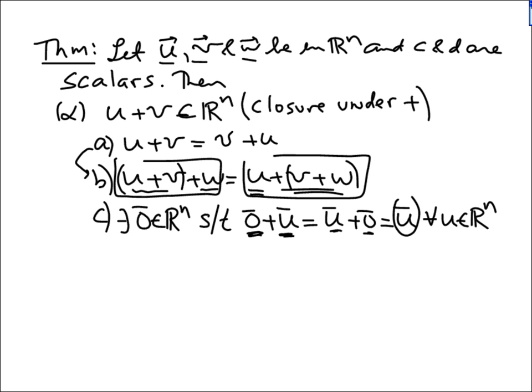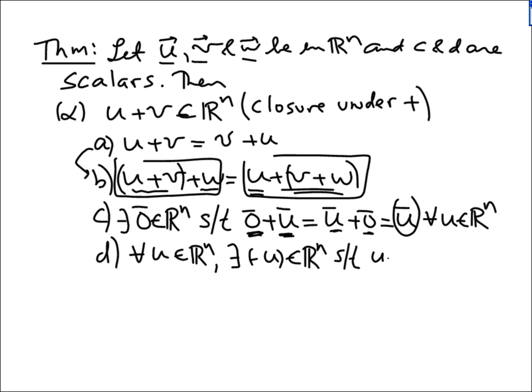That's pretty neat. Letter D goes on to say, for all u in Rn, there exists a negative u in Rn such that the sum is the zero vector.